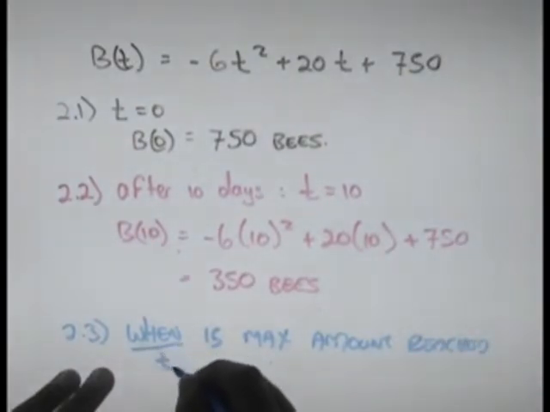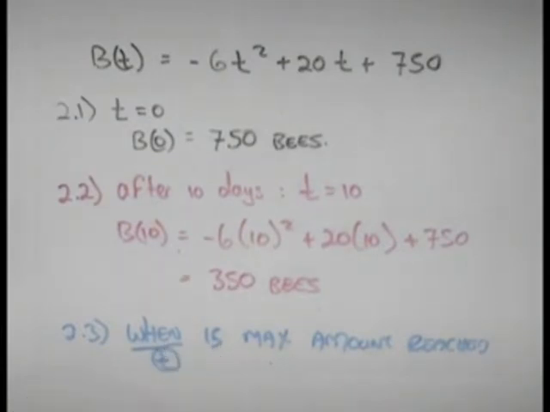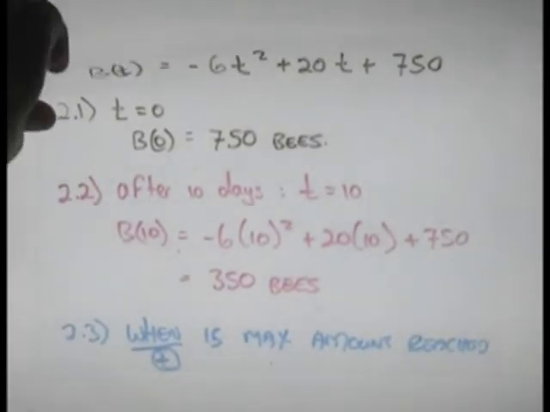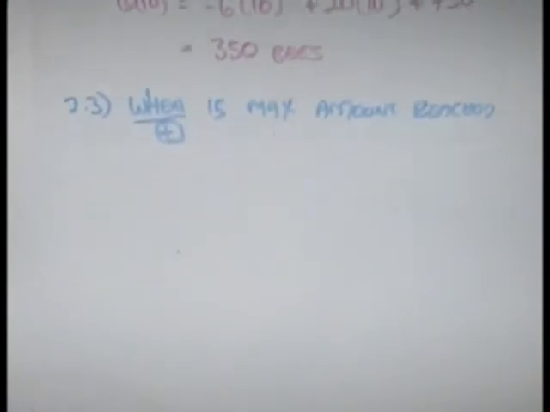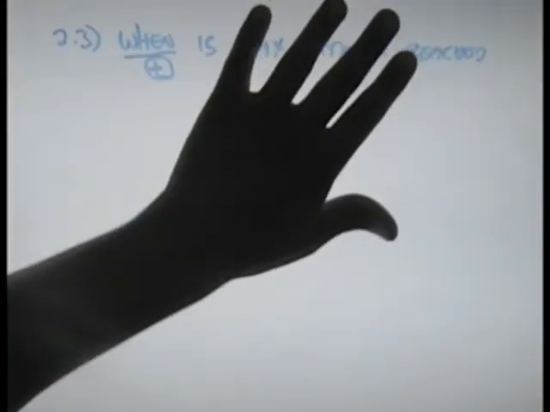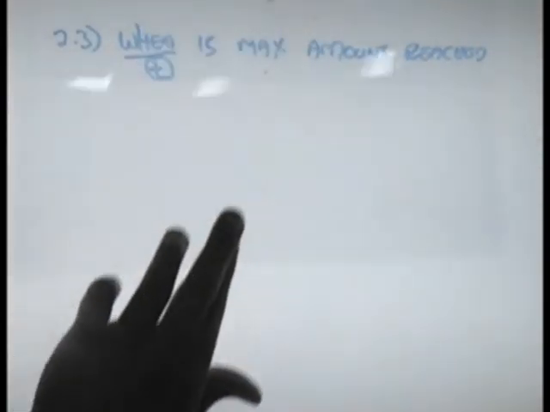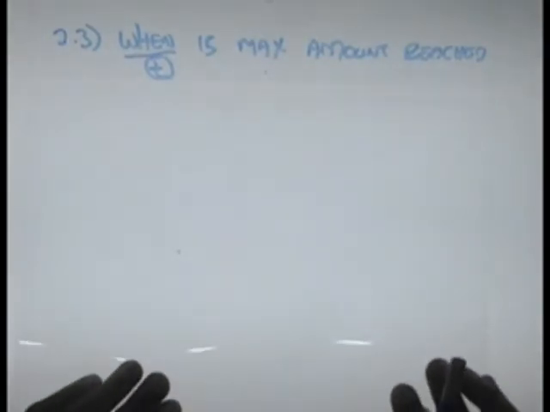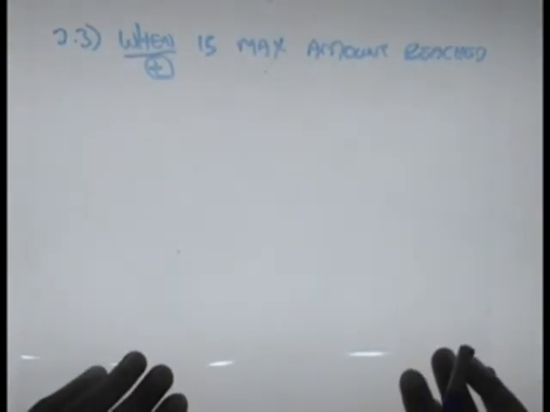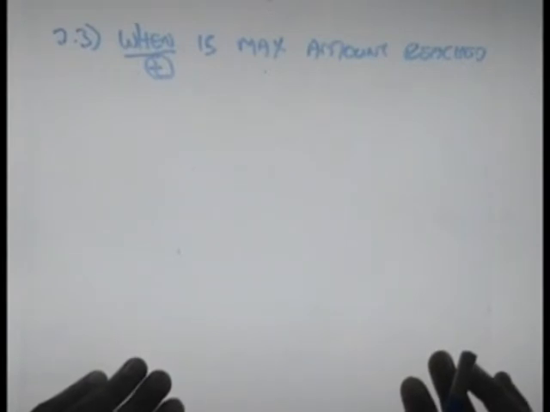That means I'm looking for a time, a period in time, a day when the maximum amount of bees are reached. I'm not yet looking for the maximum amount of bees. I'm merely looking for the time at which the maximum amount of bees are reached, similar to the previous example where I looked for the maximum amount of employees which will yield maximum profit.